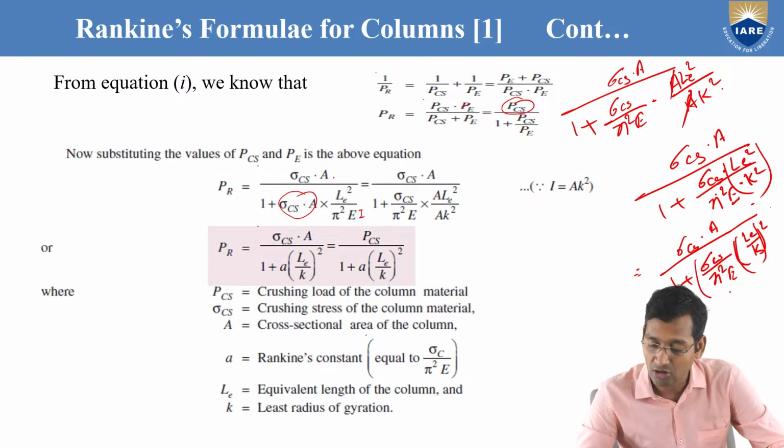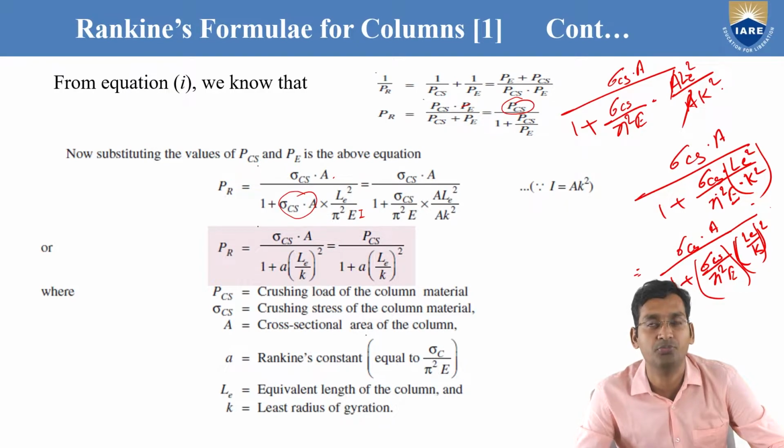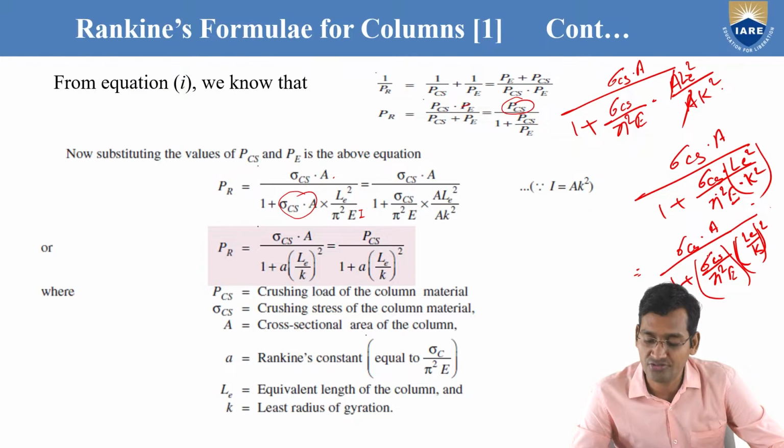Okay. Now for this one, this sigma CS will be constant. Already we had seen that PCS is not changing, so this sigma CS also will not change. So this is constant. Pi square is constant. E is constant.